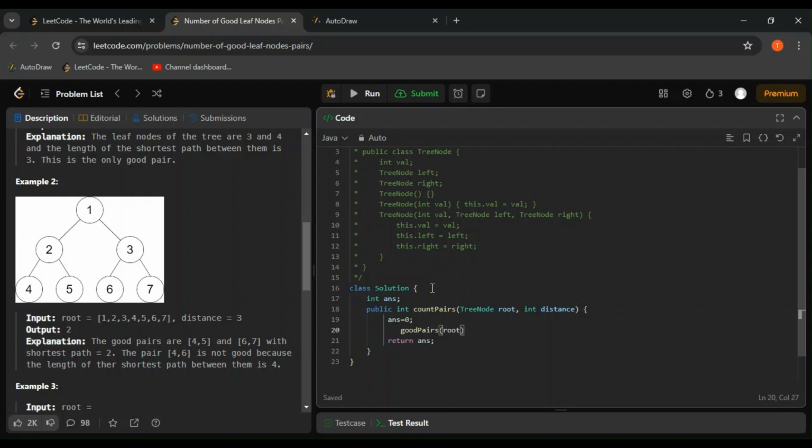Passing the root for now. Okay, let's do one thing. I can't pass the same array till the bottom because then it will be a call by reference and then there will be a lot of mismatch. Let's not do that. So level is zero.